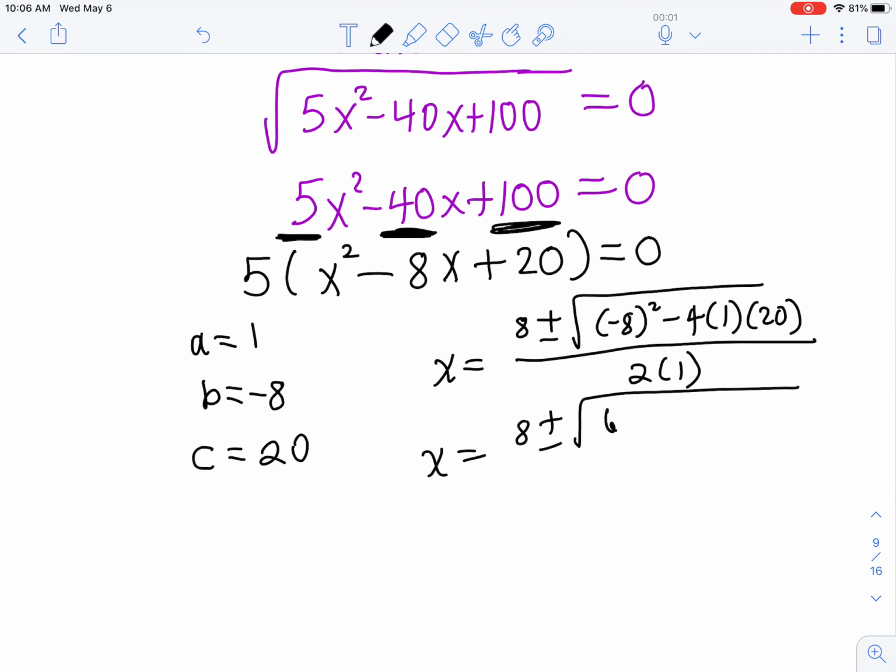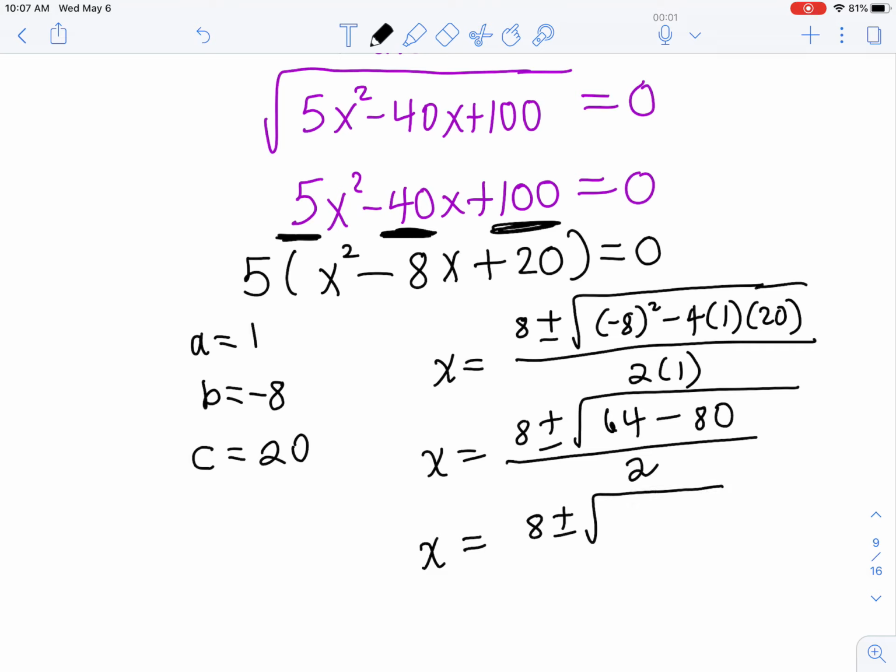Now you'll notice negative 8 squared is what? 64, right? And I do 4 times 1 times 20. 4 times 20 is 80, isn't it? And the denominator is 2.